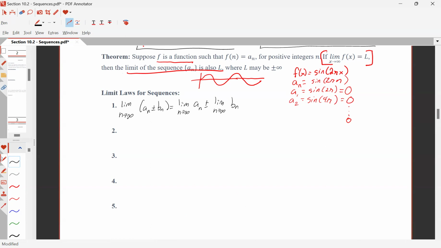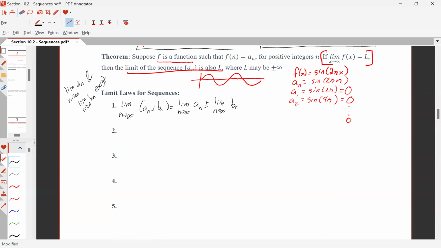Now, these rules are working when the limit of a sub n and the limit of b sub n exist and are not infinity.